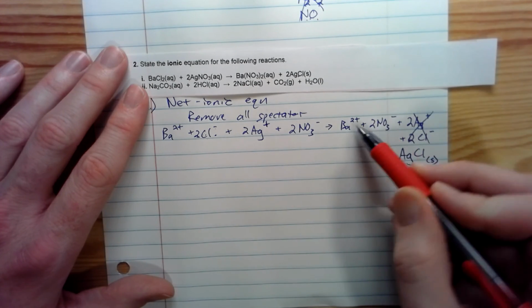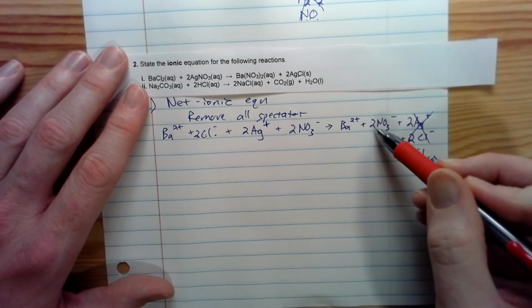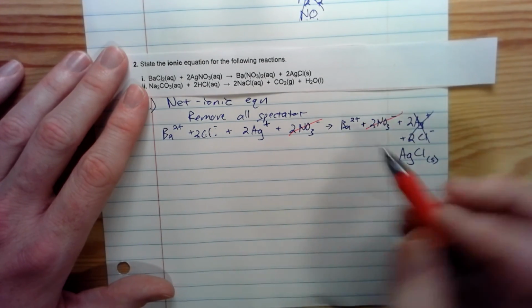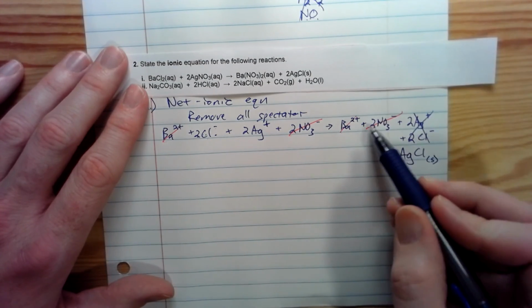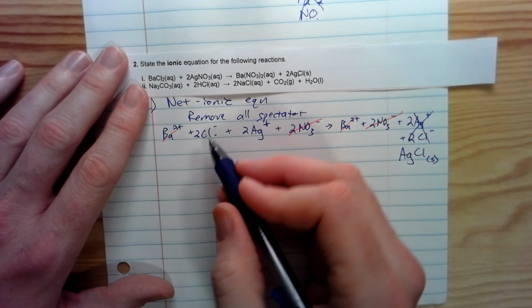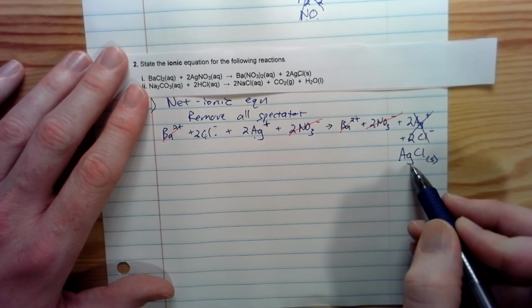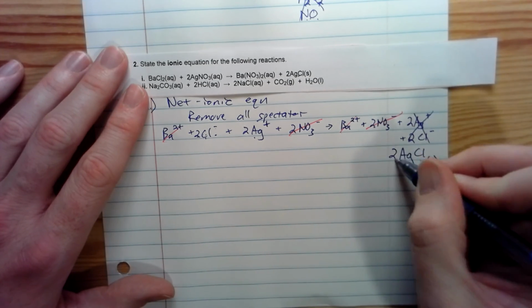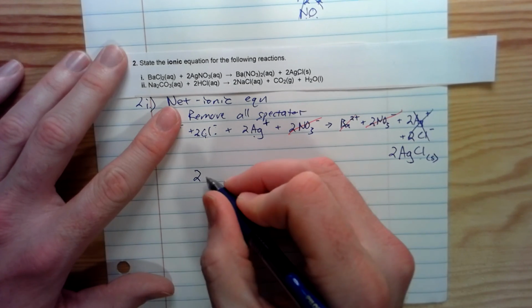So what we're going to do is cross out anything that is the same on both sides. So we have 2 nitrates here, we have 2 nitrates here, so we're going to cross those out. And then we're going to cross out the bariums right here. Now what actually mattered in the reaction was the chlorines and the silvers, to make AgCl. Now that was going to be 2 AgCl. So we're going to have 2.